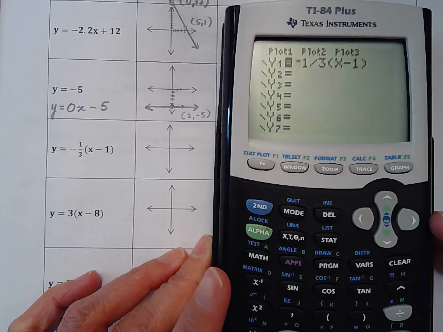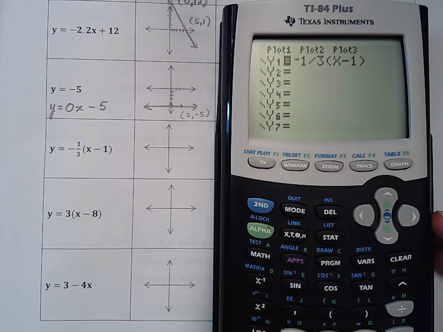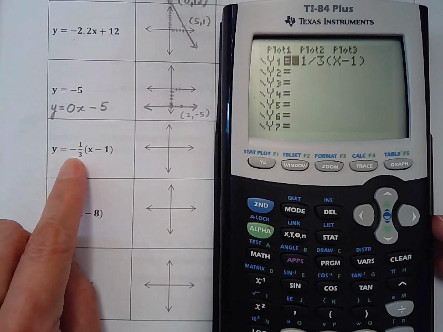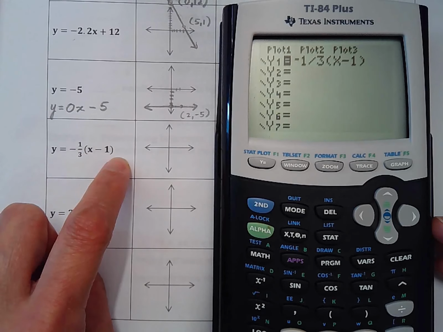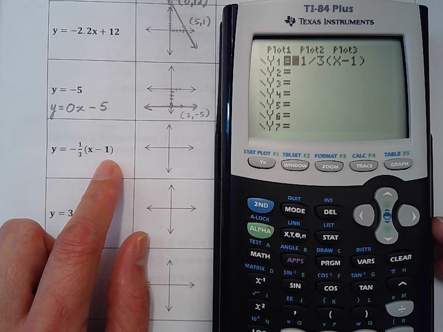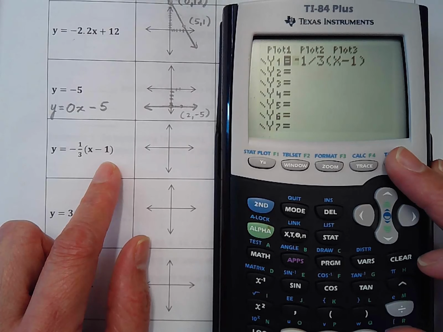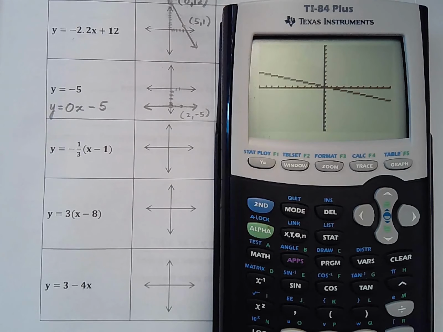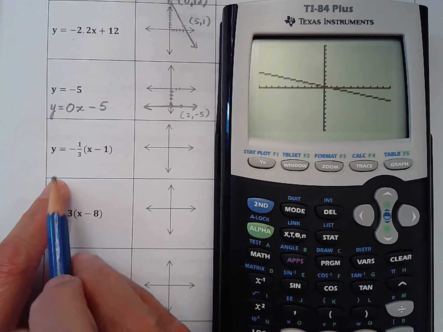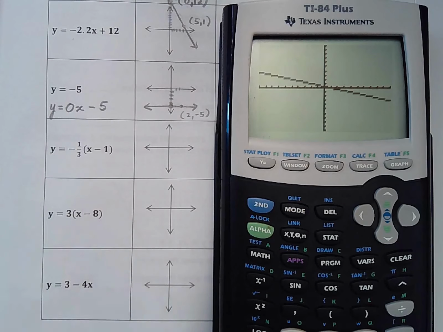So negative 1/3, that's this part here, times x times brackets x minus 1, close bracket. Yeah? Now you got this line. Is this negative? Do you put negative? Okay.